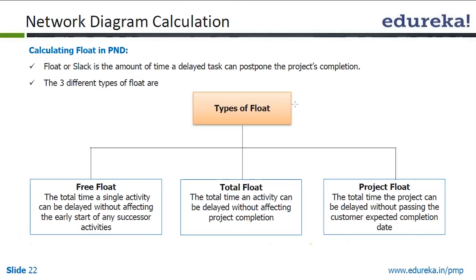So let's say you have committed that you will complete a financial accounting project by 31st December 2014. Internally, you have decided that you will complete it on 30th November 2014. Now total float and free float are related to the 30th November 2014.